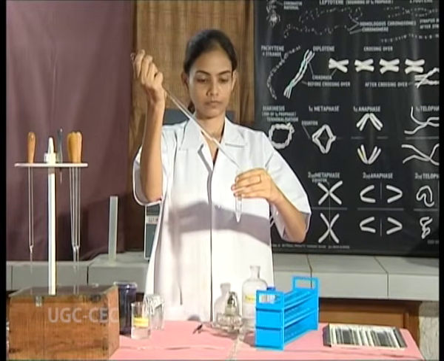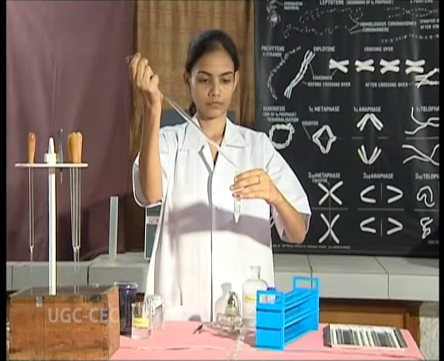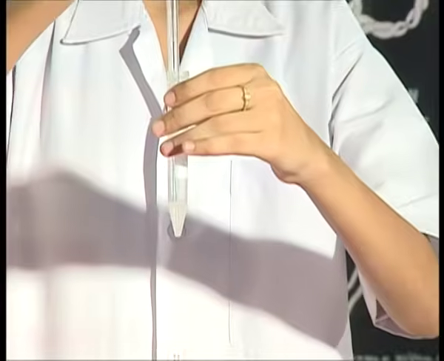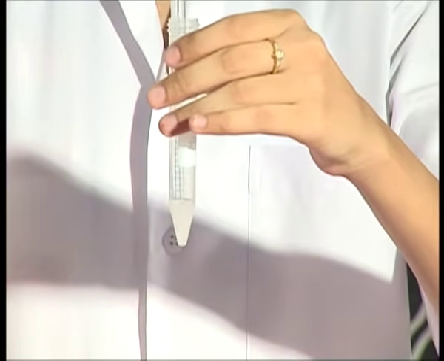Add some more fixative to the pellet to prepare a proper cell suspension and agitate thoroughly with the help of a pipette so that bubbles appear.